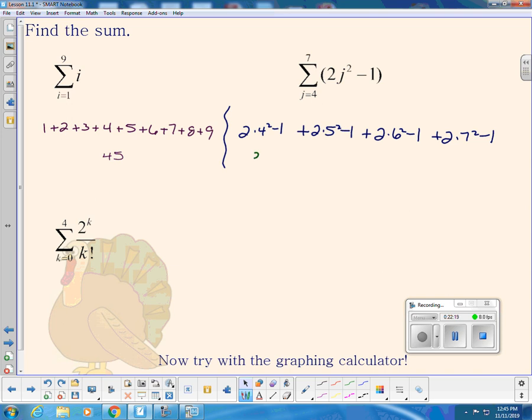So that's 31 plus 49 plus 71 plus 97. And you're adding those all up. Those are the terms of the sequence. I get 248.